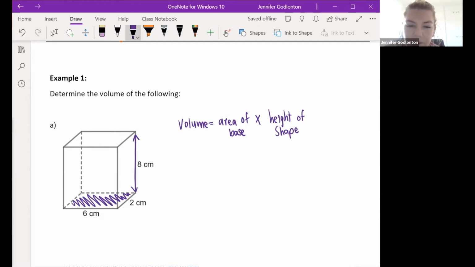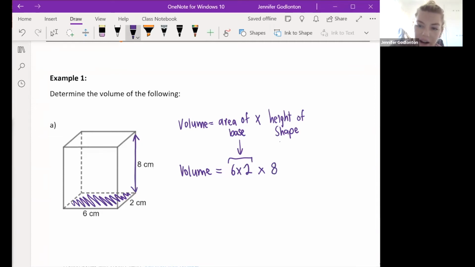Okay, so if we were working out our volume here, all we would say is our volume is, looking at the area of our base, 6 times 2. That's our area of our base. And then we're going to times it by the height of our shape, which is 8.